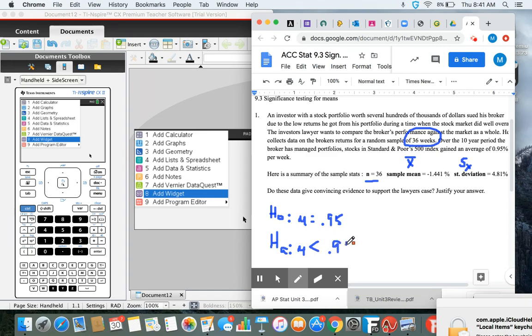All right. My next step would be for me to check my conditions. Again, I'm just going to abbreviate right now, but I'll post an answer of this. It would be the random. That's terrible writing there, but I don't have a mouse either, so it's all on the touchpad. So it's got to be random. It's got to be 10%.